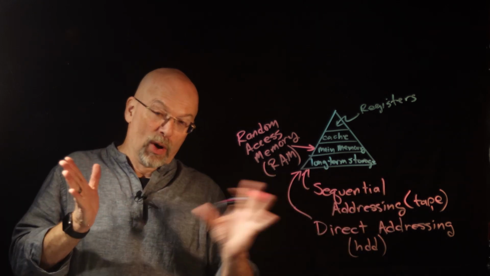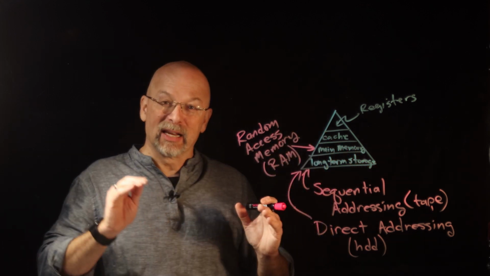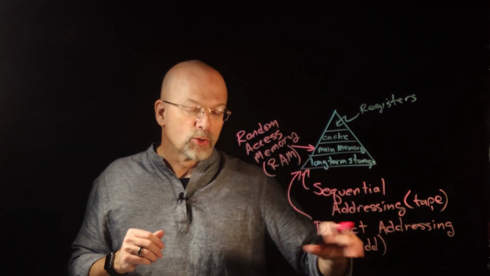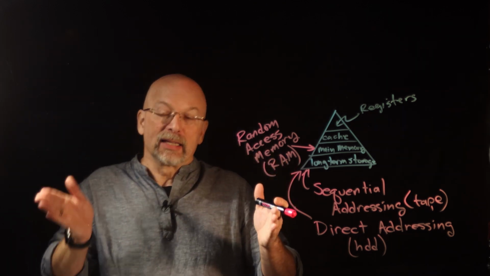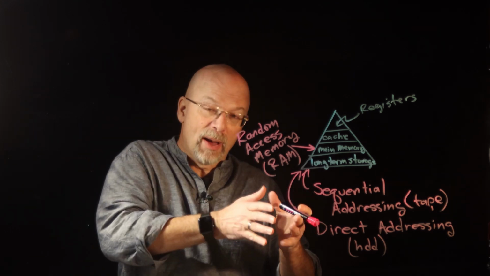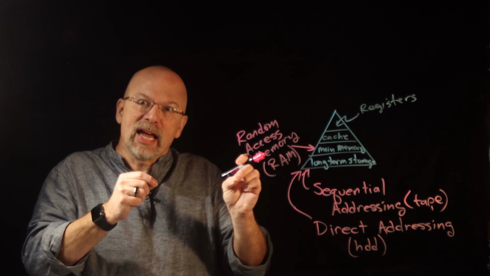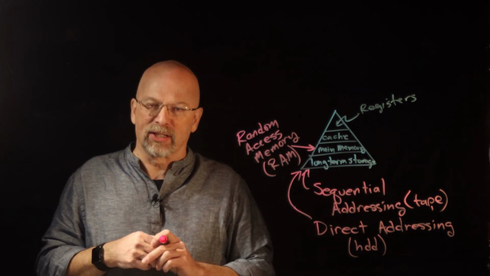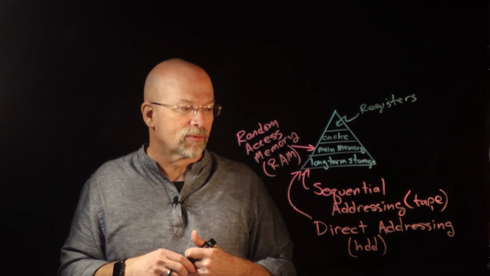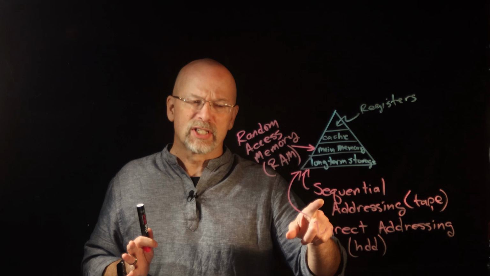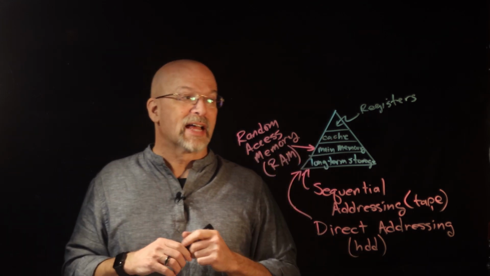With tape, it was a 1-step process: I'm here, I need to be there, I have to pass through all that data between here and there. But with direct addressing, I can jump to a block, I can jump to a sector, I can jump to the vicinity where the data is. Once I've done that jump, then I do a shorter sequential process. I go through the data in order to get to the data that I'm looking for. So, tapes, sequential addressing; hard drive, direct addressing; random access memory addressing, that's main memory.